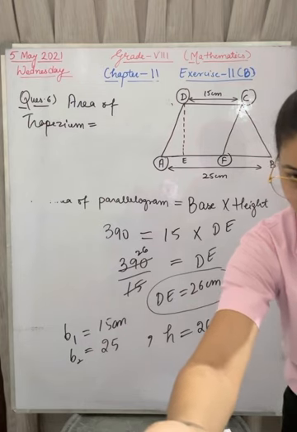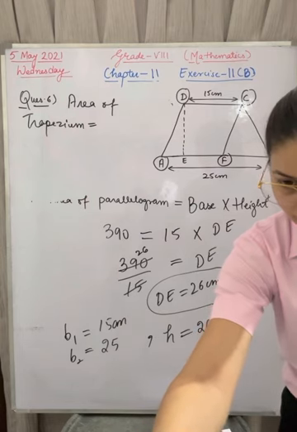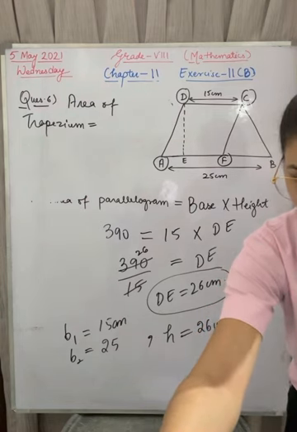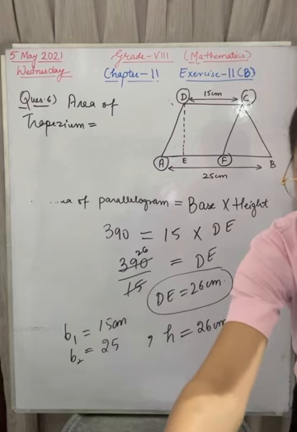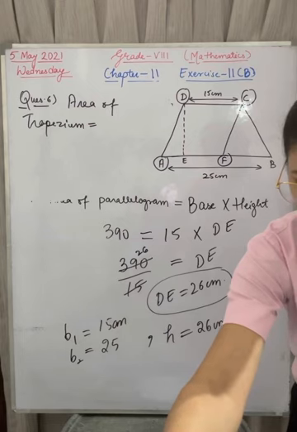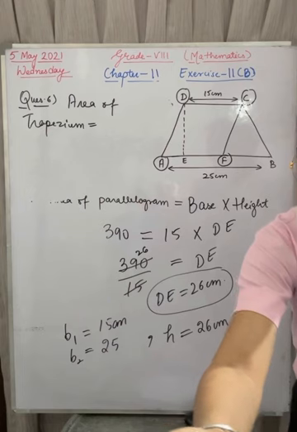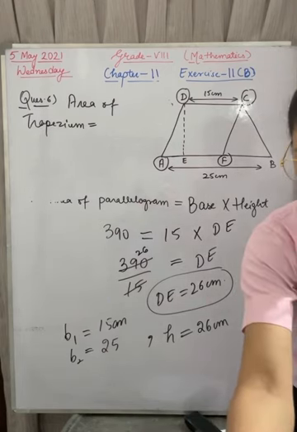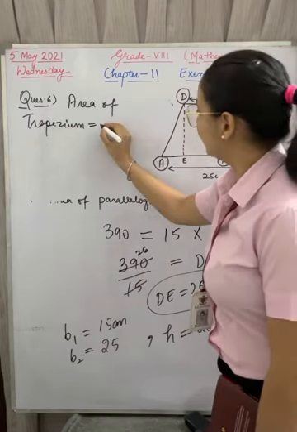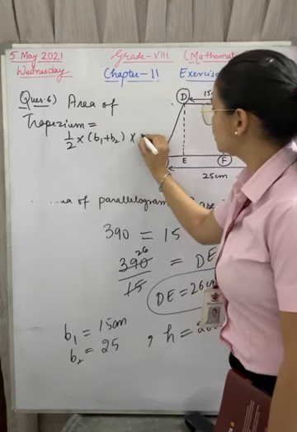You give me your answers. I'm checking your feedback. Okay, give me your answers. Yes, quickly. Mannat, very good. Jaskirat, very good. Yes. So area of trapezium is half multiplied by B1 plus B2 into height.